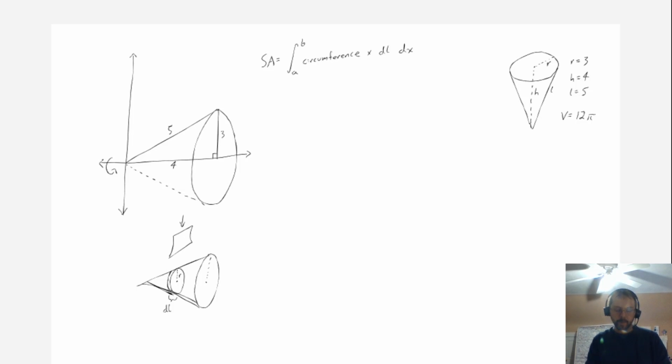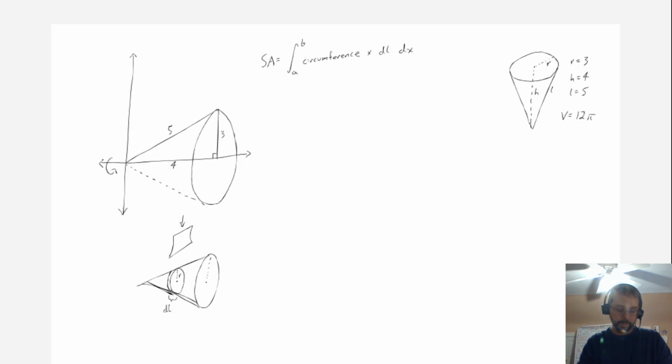So the dl represents the tiny change in length of our infinitesimally small piece of circumference, or piece of surface area.